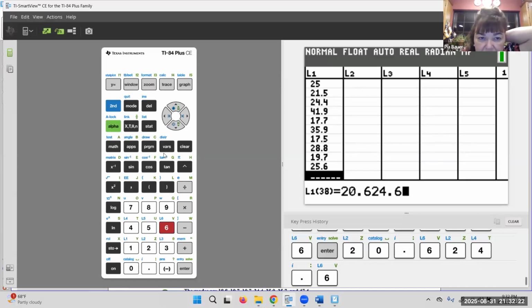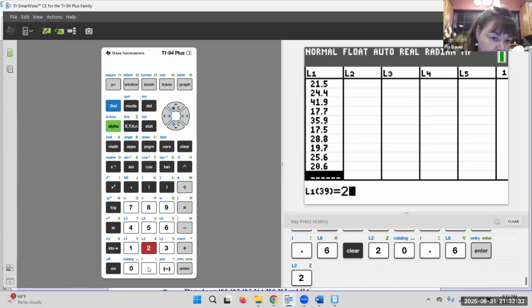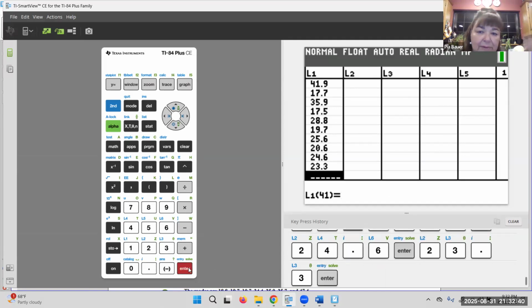Oh, let me clear that. Okay, so 25.6, so I have 20.6, 24.6, 23.3. Okay, and then I'm gonna double check again.